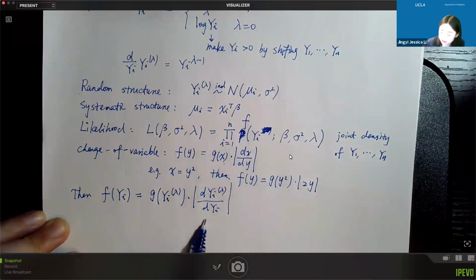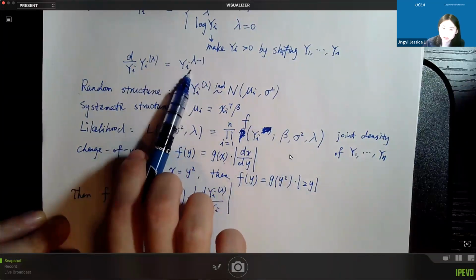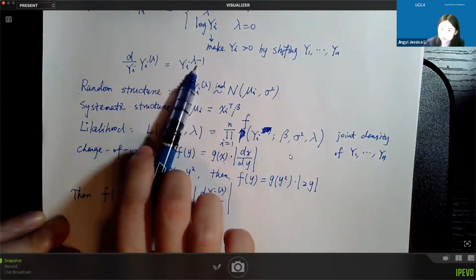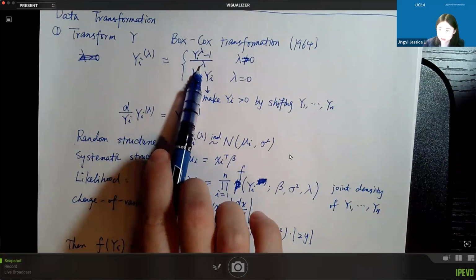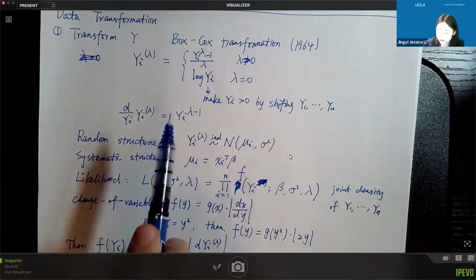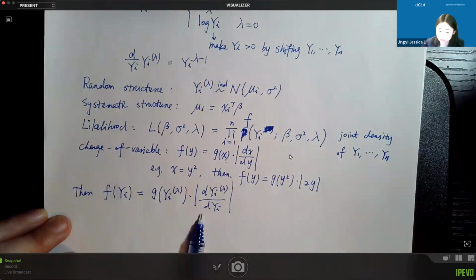This is why we care about the derivative here. You see, the motivation is now clear. We want the derivative to have a nice formula, and that motivated the form of the Box-Cox transformation. The reason is that we need this derivative in the change of variable formula.